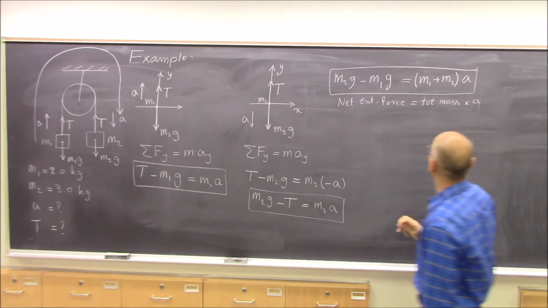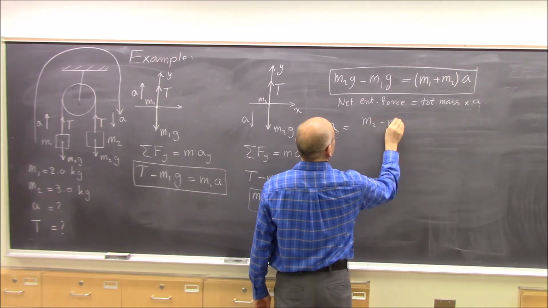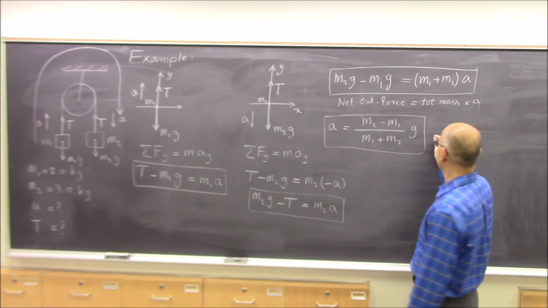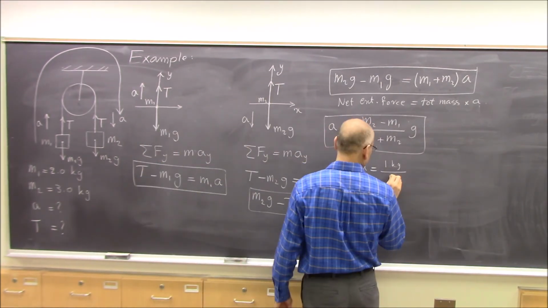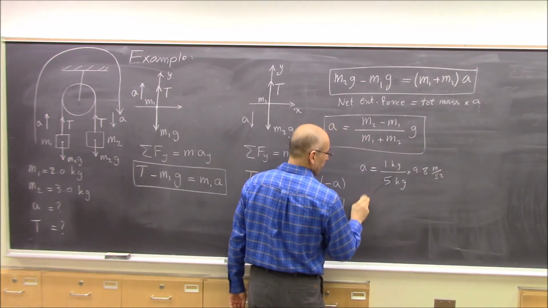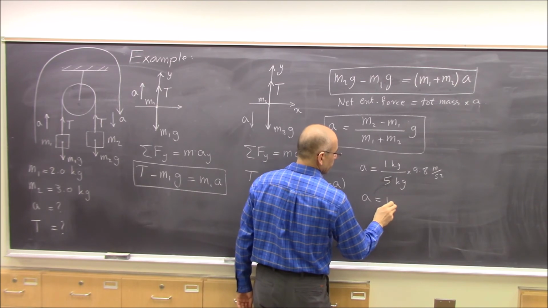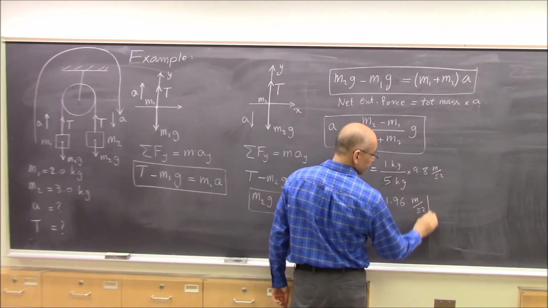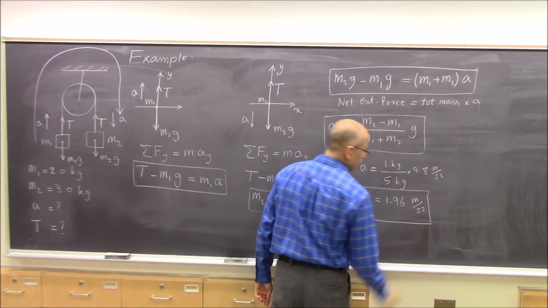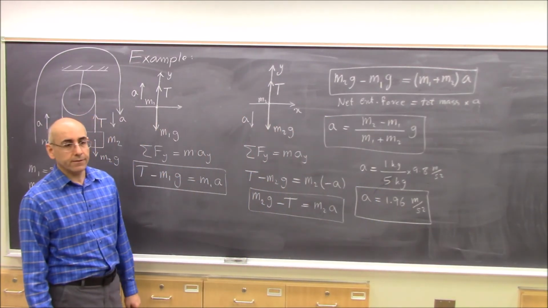Now we can solve this for a. If you put the numbers in, a will be 1.96 meters per second squared. This is the acceleration.